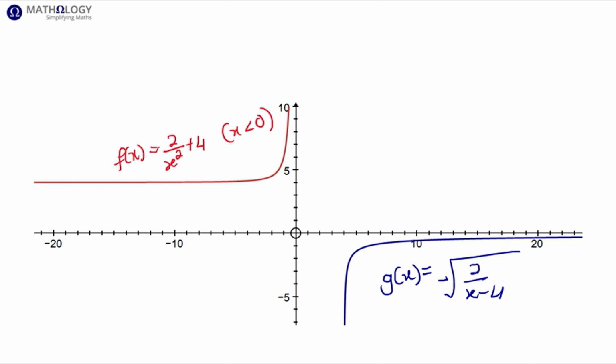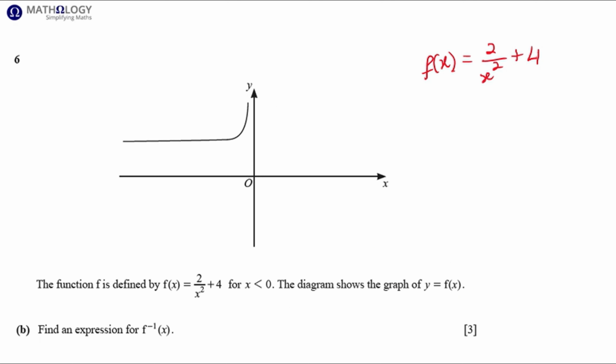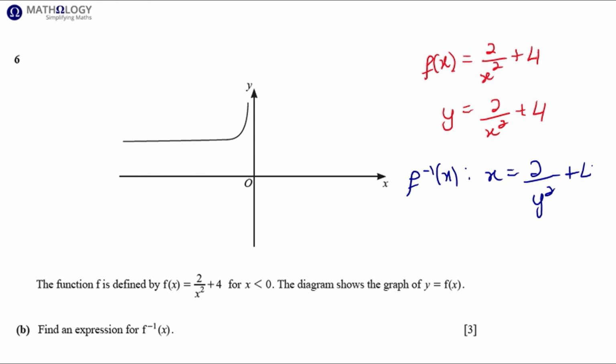To find an expression for the inverse of f, we are going to switch the x and the y values around. So to find the inverse of f, we will have x equals 2 over y squared plus 4, and now we make y the subject of the formula.